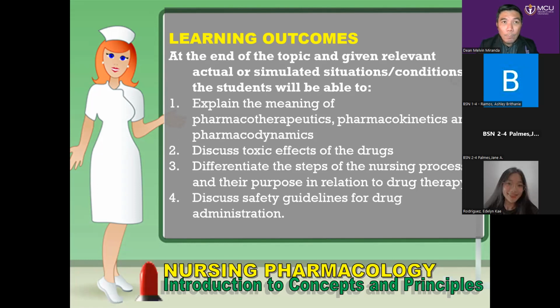I know that you have already been oriented with the rights of medication: the right patient, the right dose, the right time, the right drug, the right frequency. These are rights that will guide our nurses as we gear towards advocacy of patient safety. So these are the expected learning outcomes throughout the nursing pharmacology course.